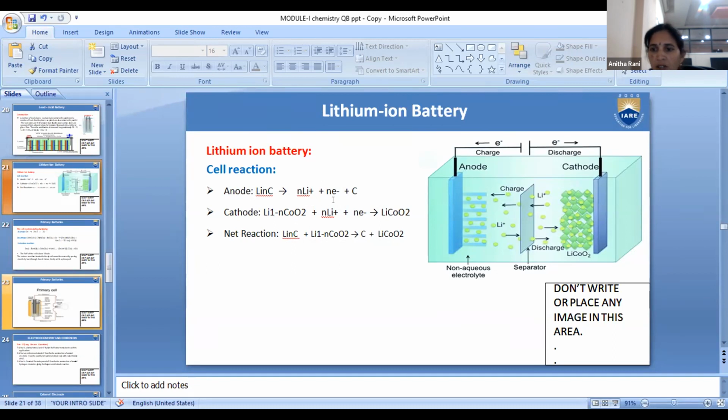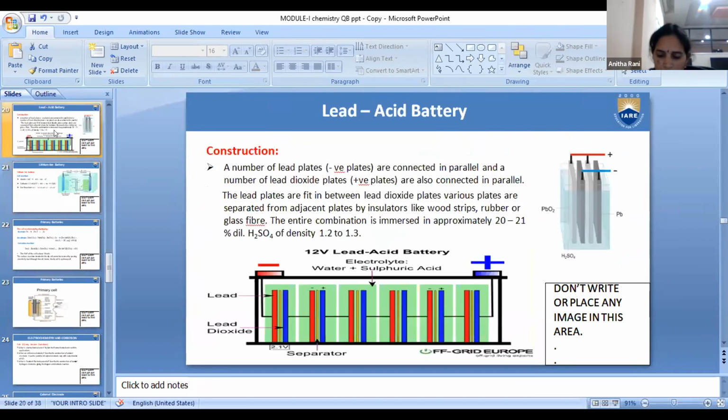Lithium is losing electrons at the anode. So this is the discharging reaction. You have to learn and write these reactions. If you write the arrow mark the other side, then it becomes a charging reaction. Understood? You learn this one and write.